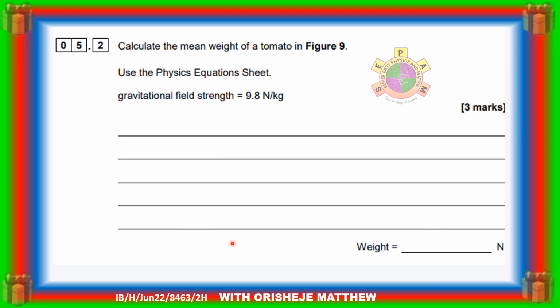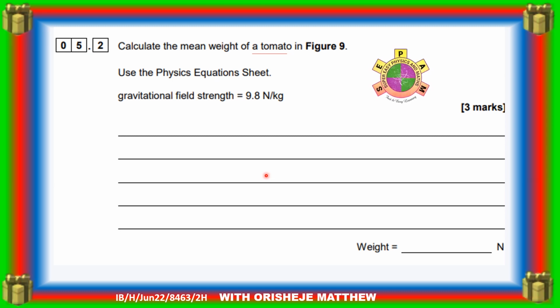Question 5.2, calculate the mean weight of a tomato. The major mistake that most students made in answering this question is using the mass of the 5 tomatoes to calculate the weight. So take note, a tomato, so that is one of them.